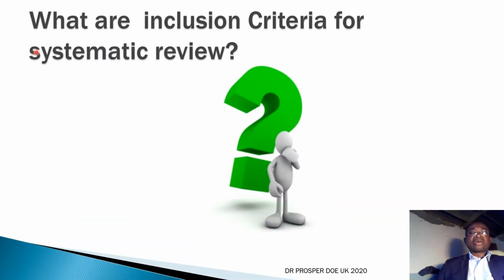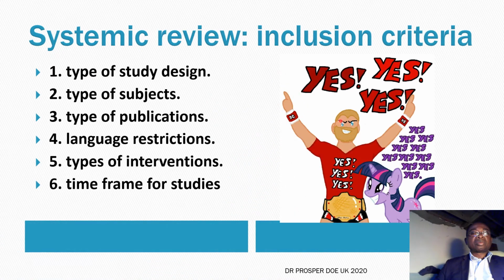What are the inclusion criteria for a systematic review? The type of study design, the type of subjects, type of publications, language restrictions, types of interventions, and time frame for studies.